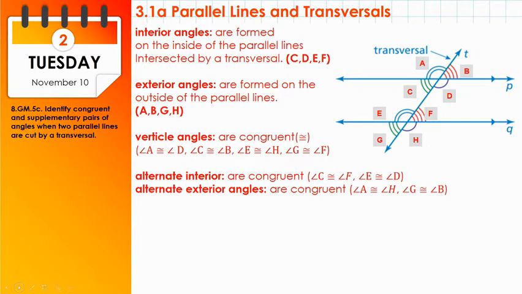Alternate interior angles. Remember, interior angles are C, D, E, and F. So alternate interior, C and F, so that C is congruent to F. These two angles are alternate. And when we think about alternate interior, inside, these angles alternate.